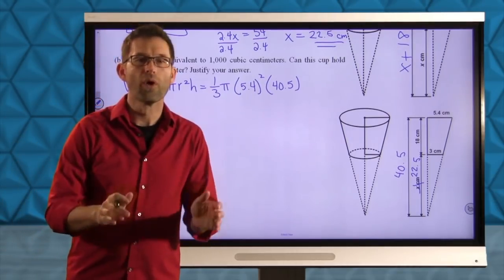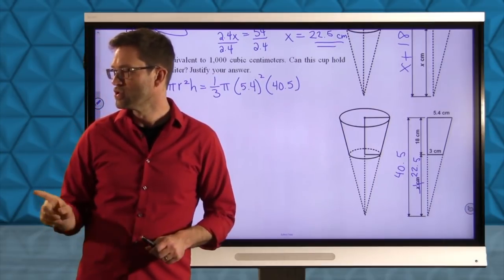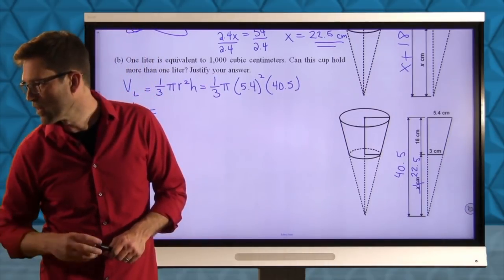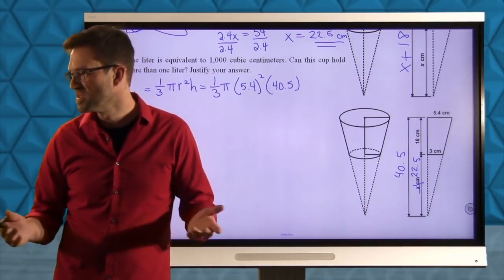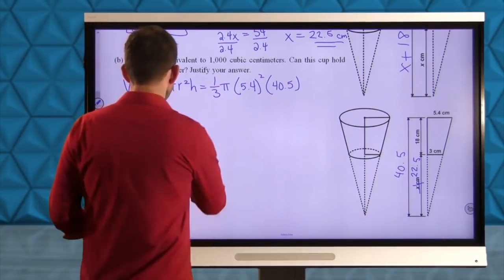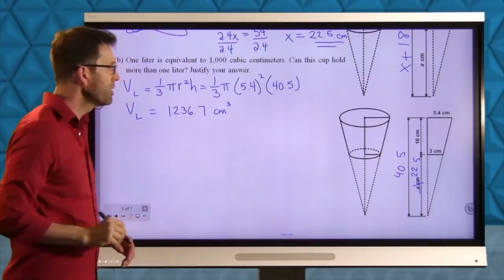I think we'll hold off from going over to the calculator. You should be checking your own work here, but the volume of the large cone is 1,236.7 cubic centimeters. Simple enough.